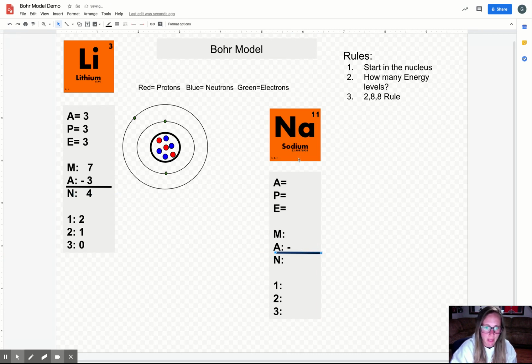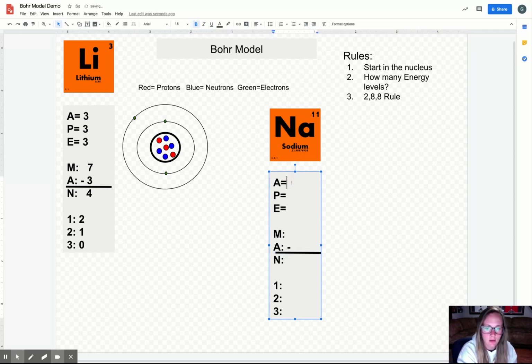All right, so let's do APE MAN for sodium. Sodium has an atomic number of 11, therefore it has 11 protons and 11 electrons. It has a mass number of 23 and an atomic number of 11, therefore the number of neutrons is 12.